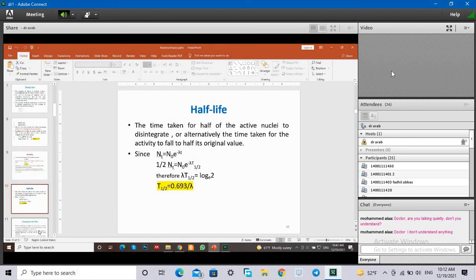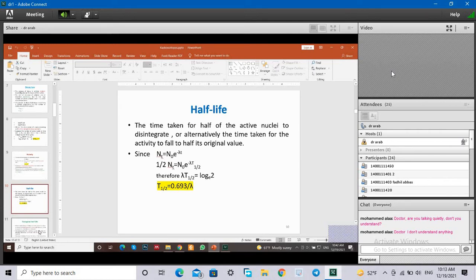Okay, up to now we learned how to calculate N and A. N is the number of radionuclides remaining after passing time, and A is the activity after passing time.